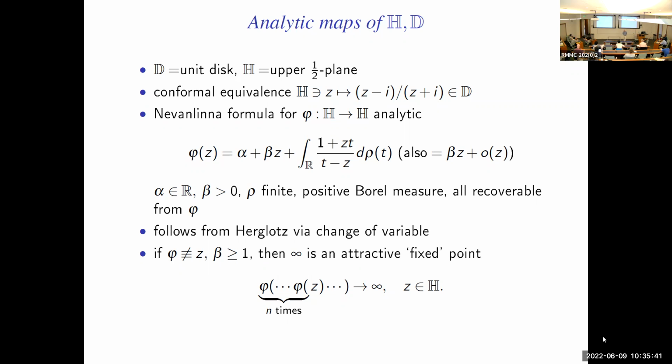So you just move up higher and higher in the upper half plane, except of course when beta is equal to 1, you go to infinity a different way.